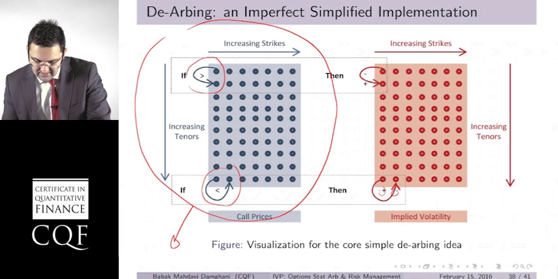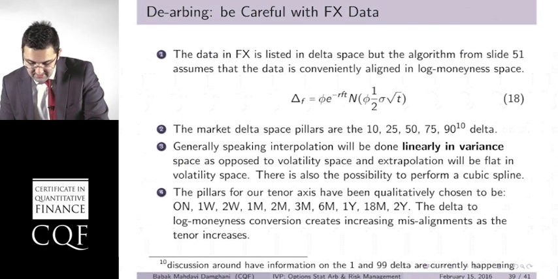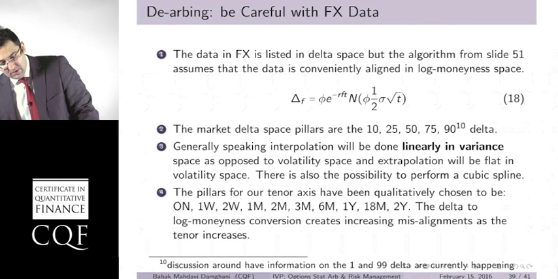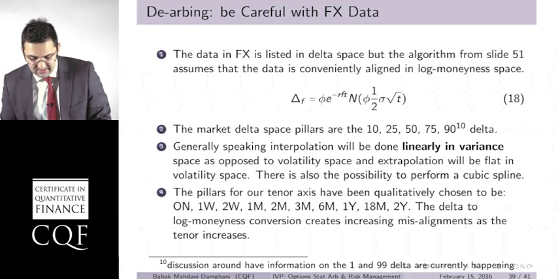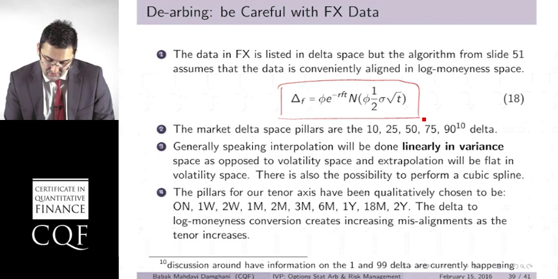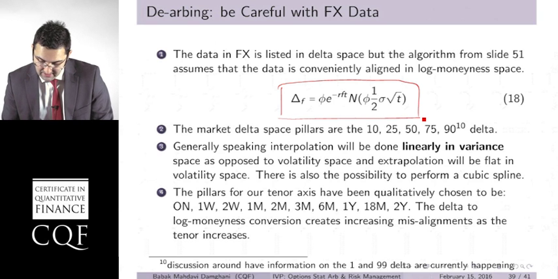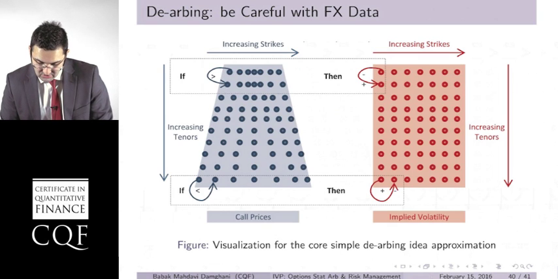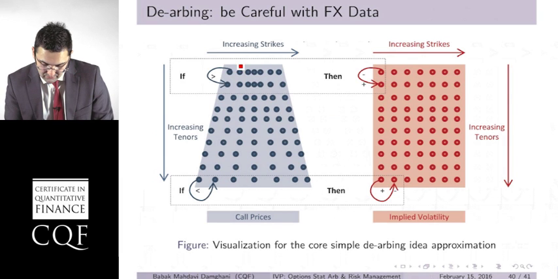But given that this is for the CQF, I thought I would also address a very simple hack to the methodology. Okay? And FX is an interesting asset class because you work in delta space. So especially if you're in FX, using that kind of algorithm has its limitations. If you were to move the delta space information here onto strike space, visually you get something like that.